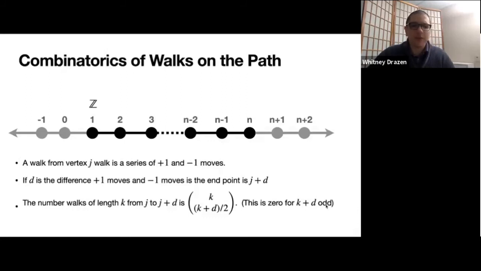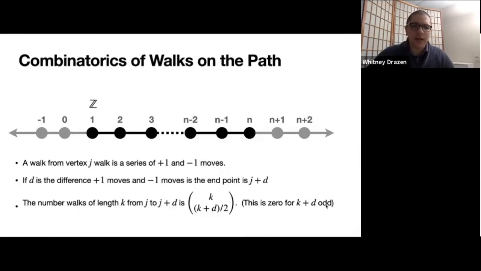The (k plus d)/2 comes from the fact that if you choose (k plus d)/2 things, then you've chosen d more +1s than you have -1s. So we're choosing the +1s and the remainder are the -1s.